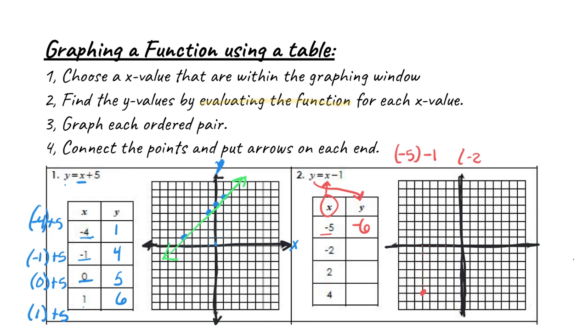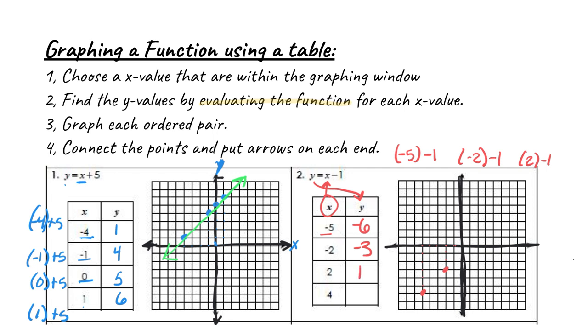Now, negative 2 minus 1. Negative 2 minus 1 is negative 3, so negative 3 would be my y value. So when x is negative 2, y is negative 3. Put a point. Now put 2 minus 1. 2 minus 1 is 1.